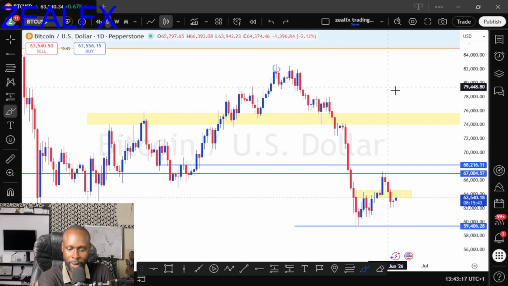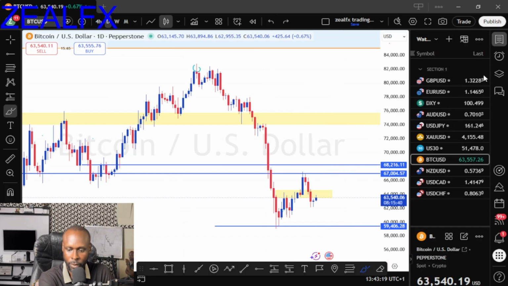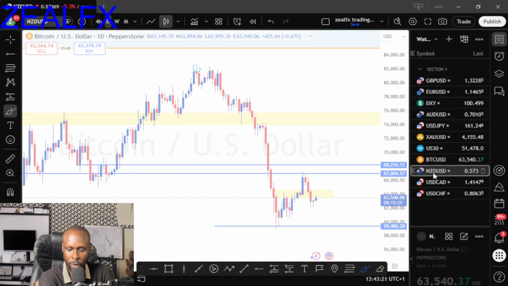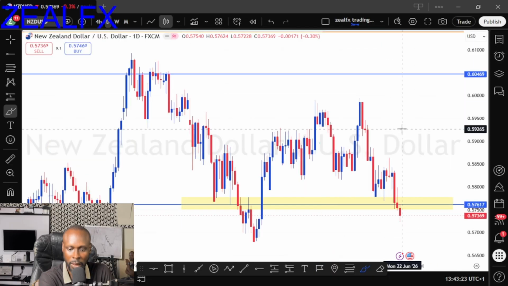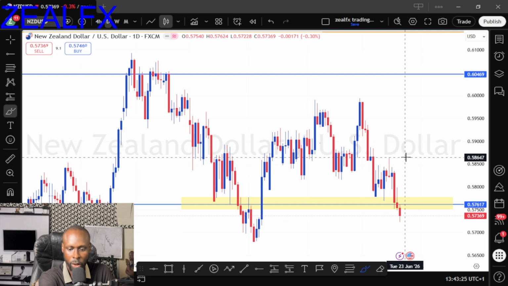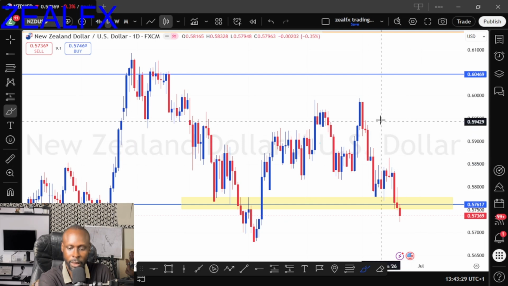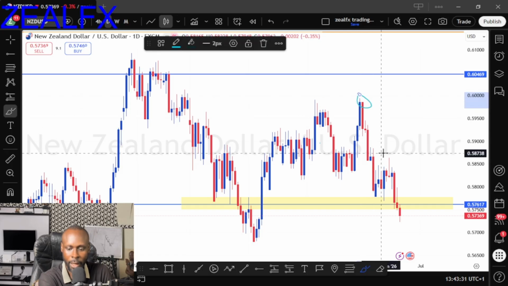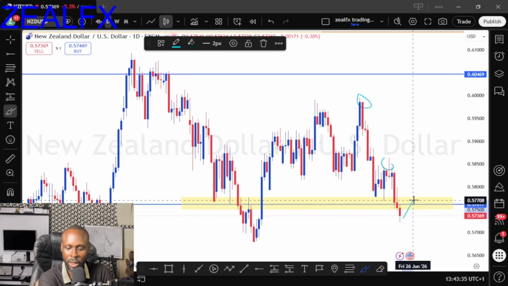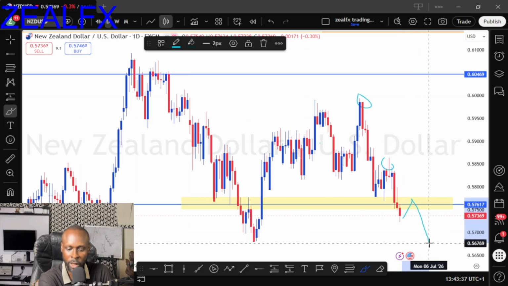So let's look at our next pair, which is the New Zealand USD. New Zealand USD on my daily time frame, you can see we have price creating this higher high and a lower high. So we expect a retest of price to this zone, and we'll start looking for possible sell for the New Zealand USD with our first target.